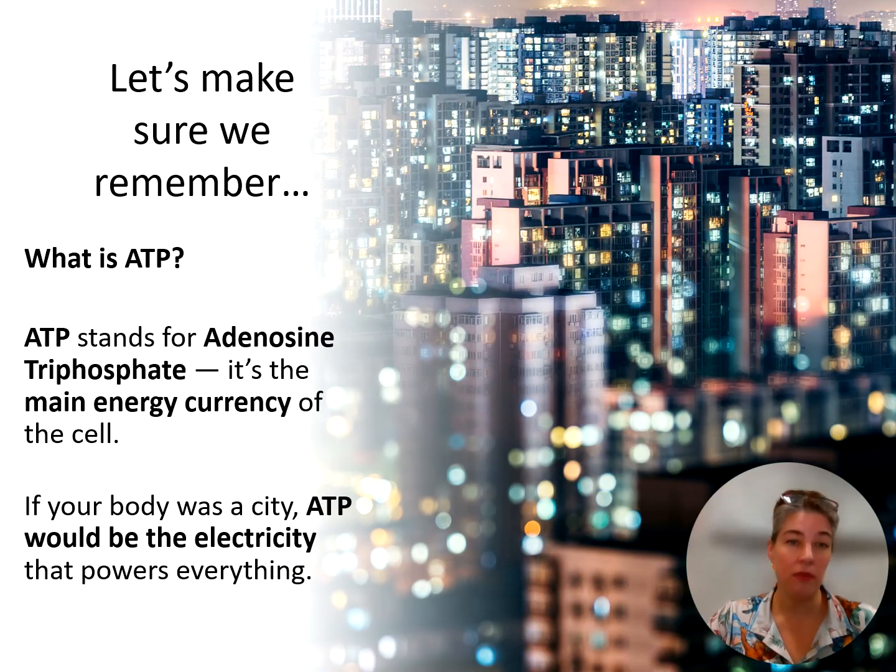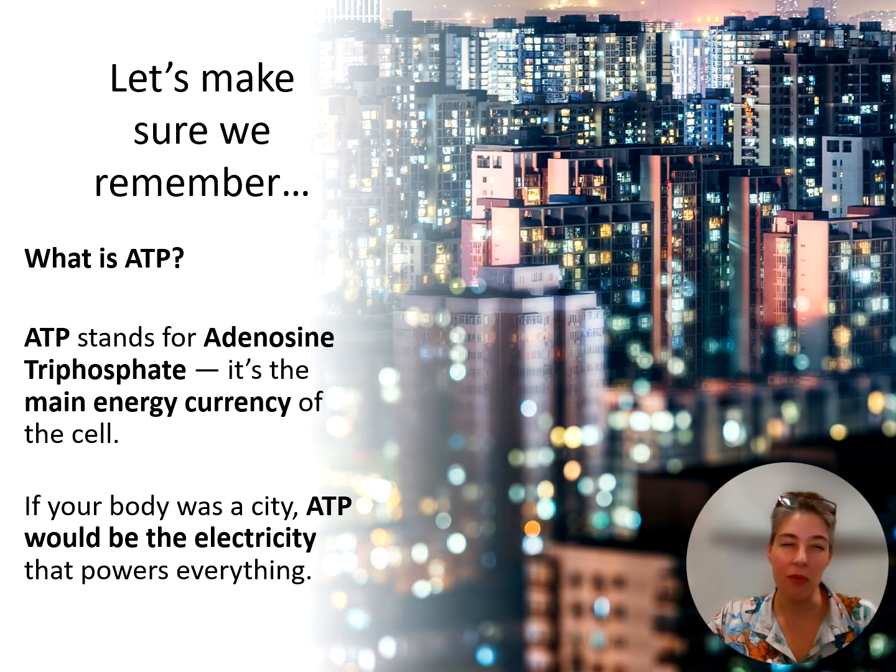The last 2 phosphates are linked by a high energy bond, and that last bond is like a loaded spring, and when it breaks, ATP loses one of its phosphates, and it becomes adenosine diphosphate, and another separate phosphate.